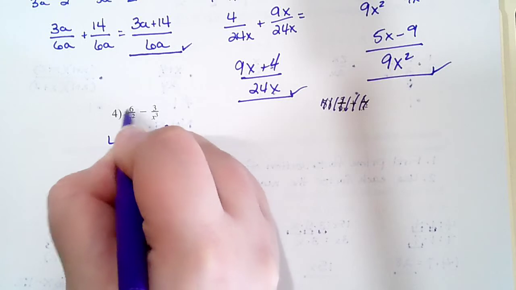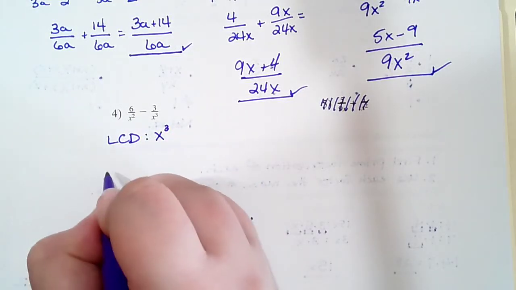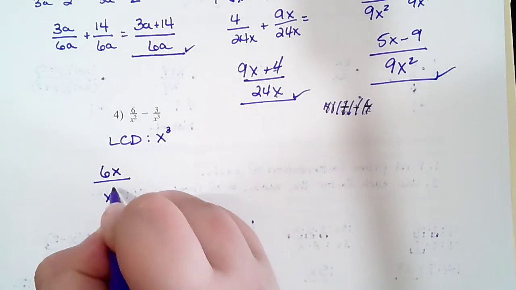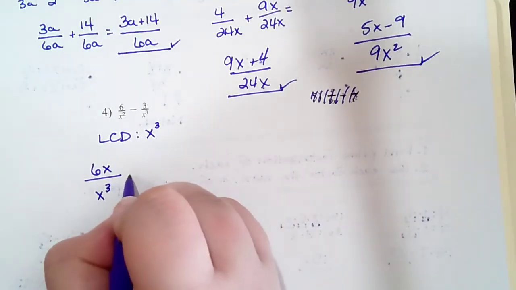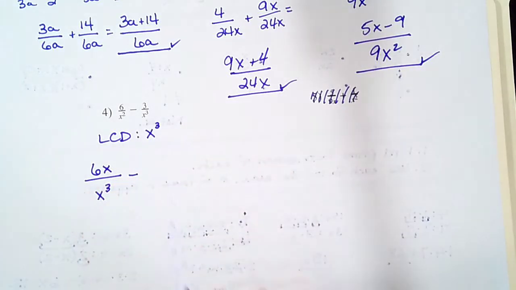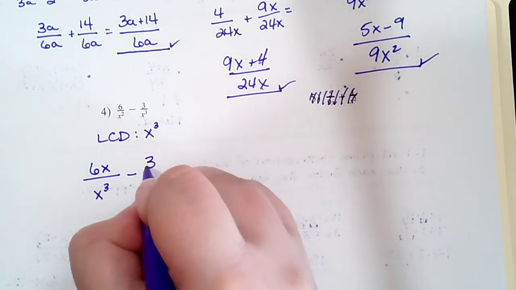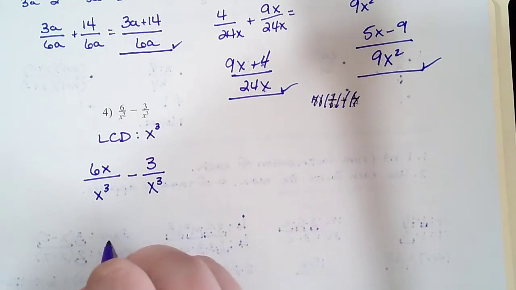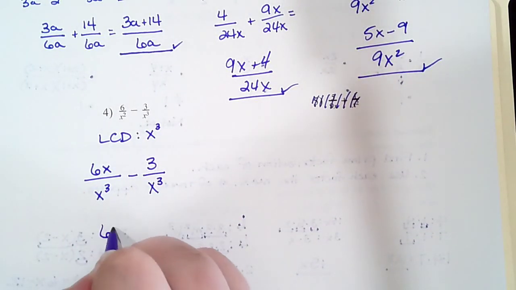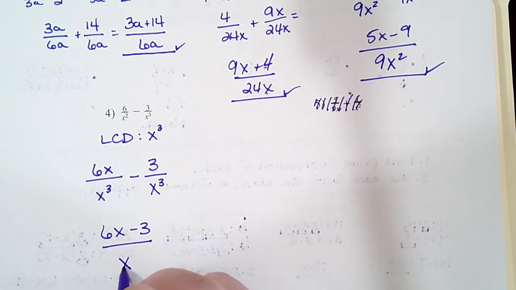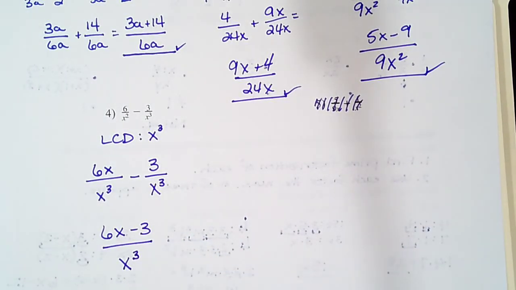That means on the left side I'm going to multiply by x over x to get 6x over x cubed. On the right side, I don't have to multiply anything because I already have my lowest common denominator. So 3 over x cubed stays as it is. And then just subtract 6x minus 3 all over x cubed.